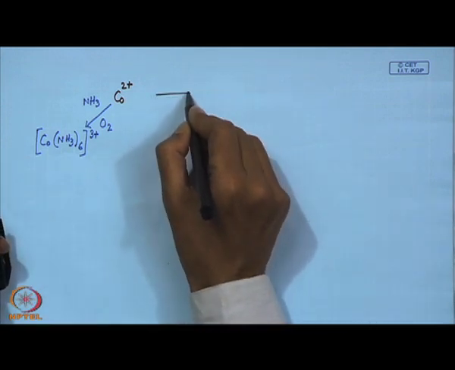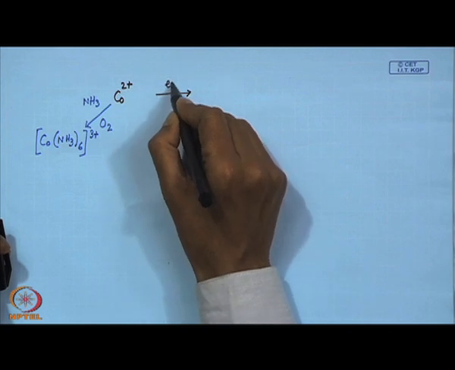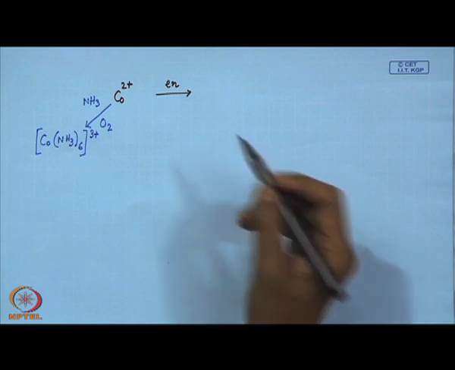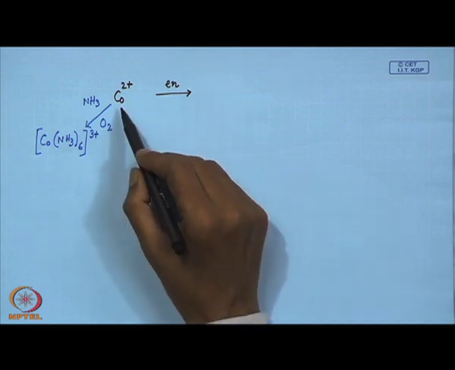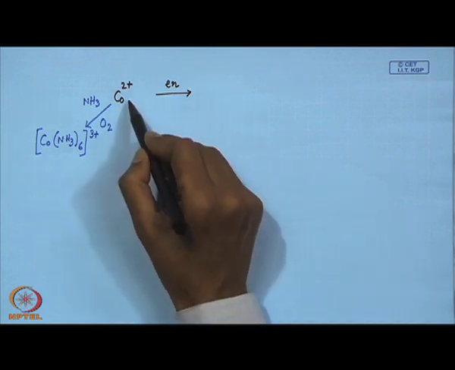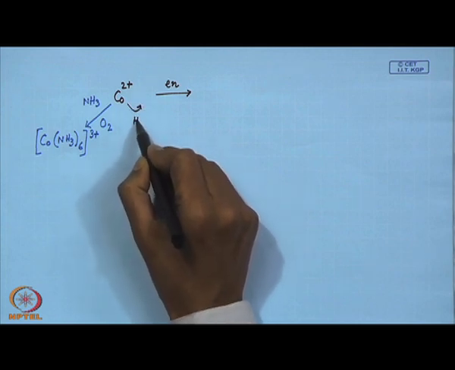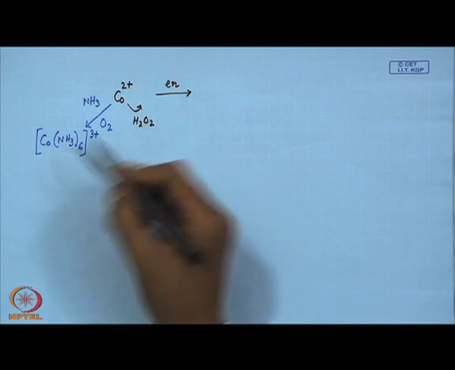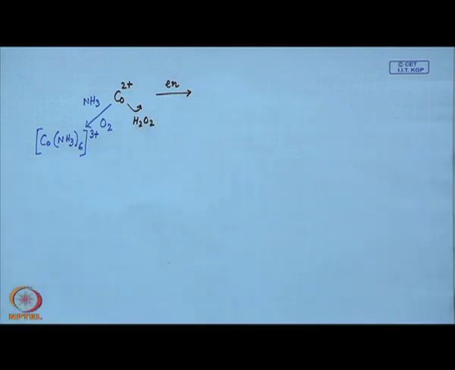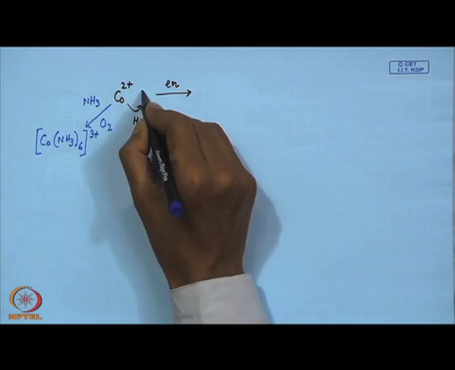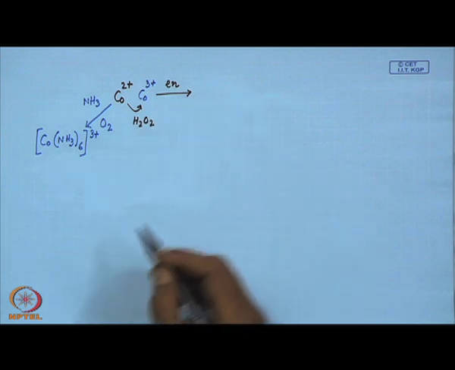Similarly, when we react ethylene diamine with cobalt 2, which is oxidized initially with O2 or hydrogen peroxide, in solution we get cobalt 3 plus.